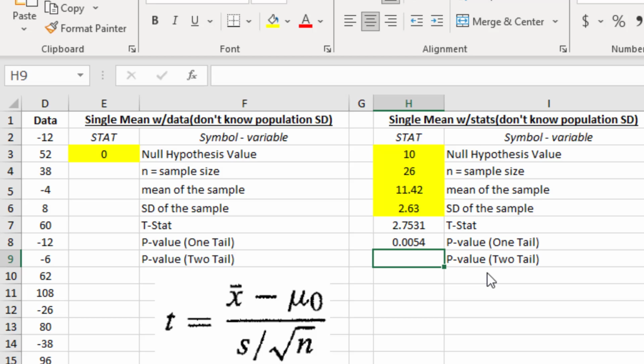And there's our p-value. And think about it, 2.7, so we're more than 2 standard deviations above the mean. That should be pretty small, and it's less than 1%, seems to be working. And then for a two-tailed test, it's always just that one times 2.